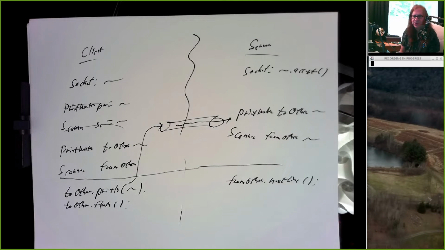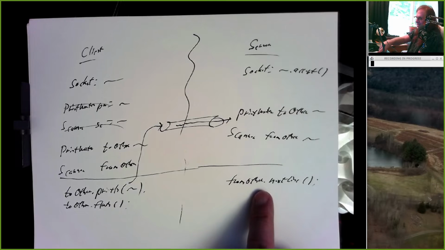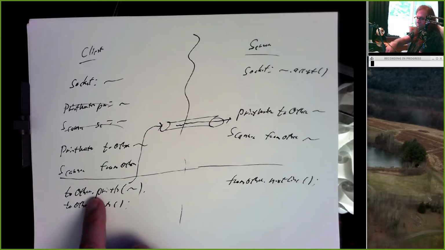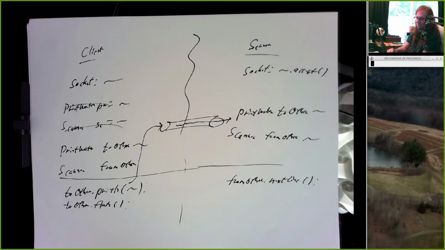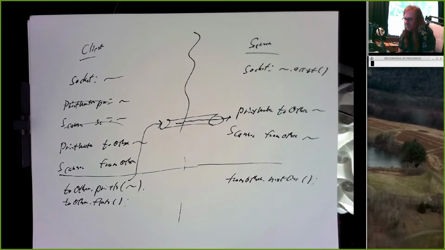That's basically what the socket setup is doing, except instead of using a file on the hard drive, it uses some magic that's called a network connection. So you read from that scanner, and the thing that you read is whatever was printed into the print writer on this end of the connection.